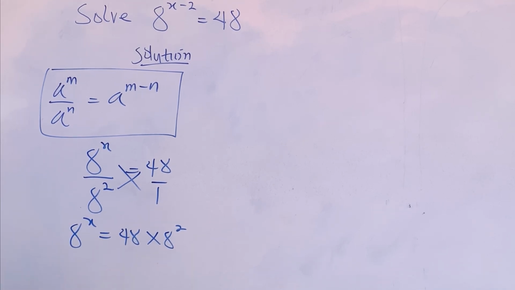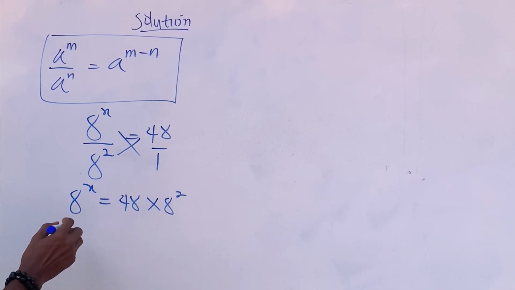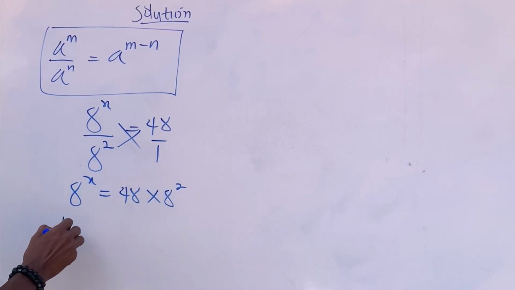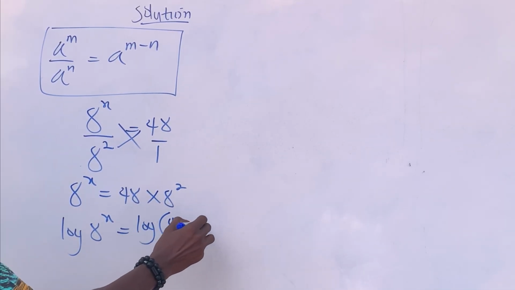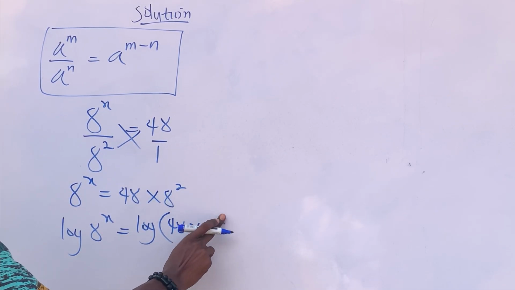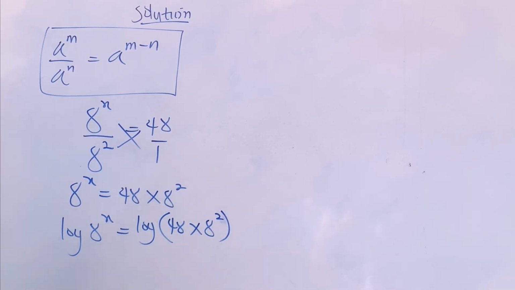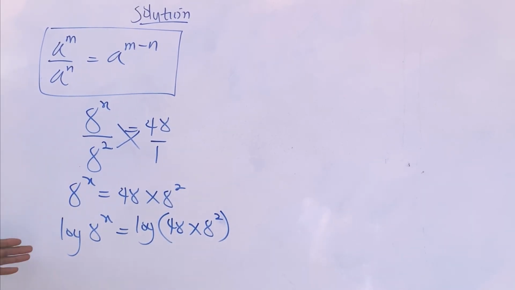So from here, we can add logarithms to both sides. So log 8 raised to power x is equal to log 48 multiplied by 8 raised to power 2.